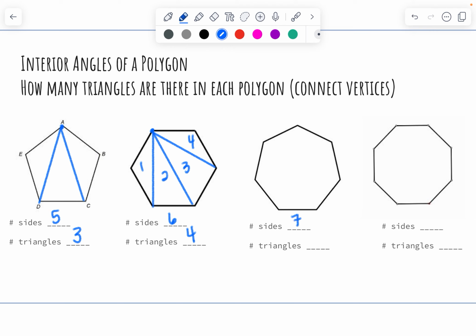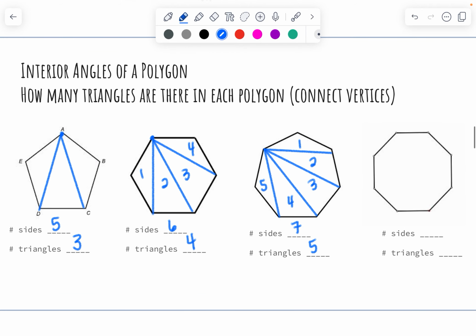This next one has 7 sides. So let's see how many triangles this one makes. Maybe you're starting to notice the pattern. When we have 7 sides, we have 1, 2, 3, 4, 5 triangles. And then finally, this next one has 8 sides.